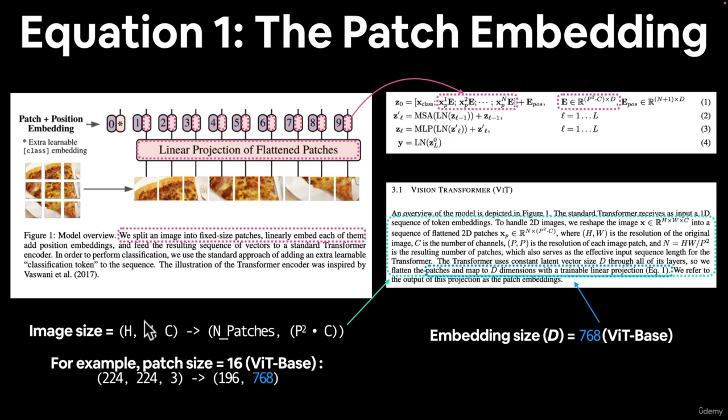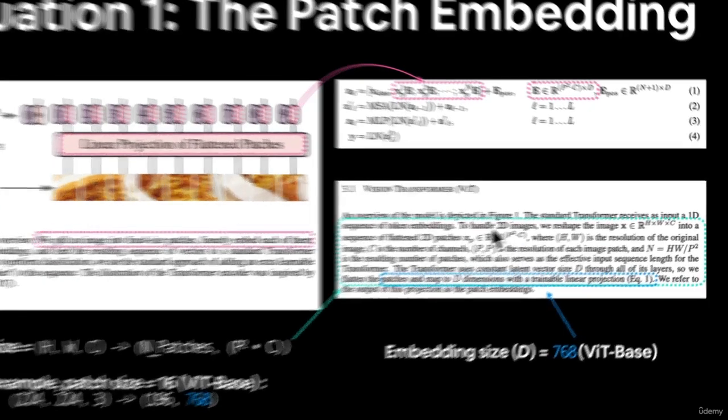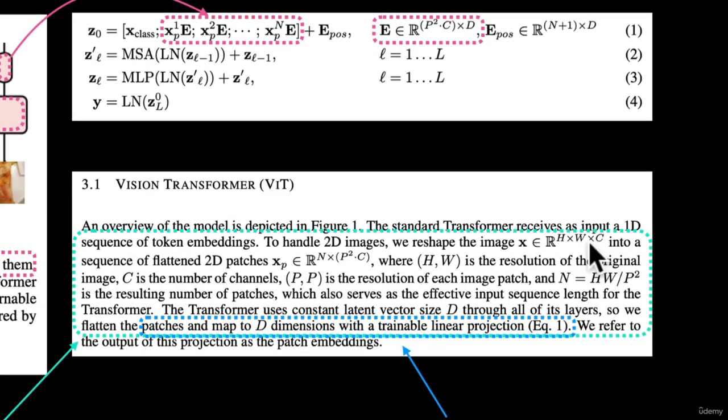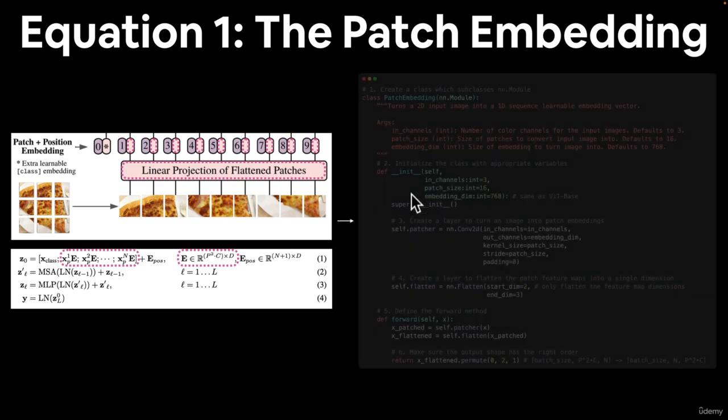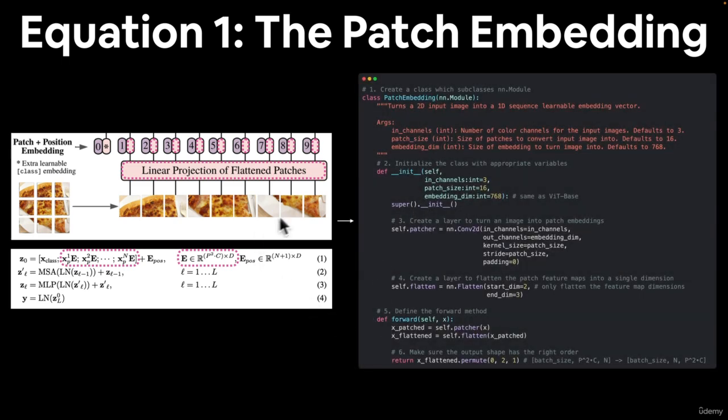And this is going from this shape to this shape, which is height, width, color channels, to number of patches times patch size squared dot color channels. So that's a huge effort. And to see it in code, well, this is what we've done.